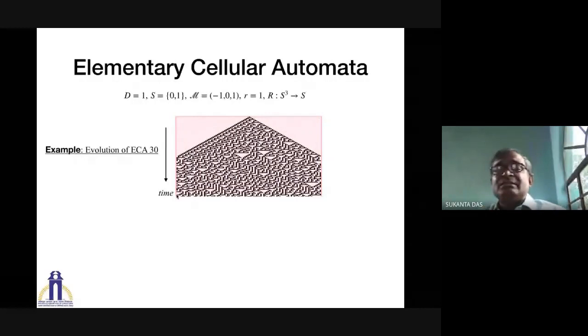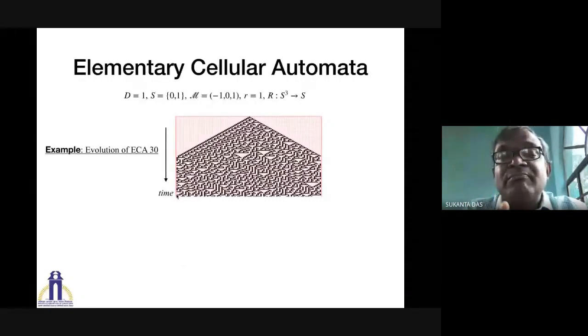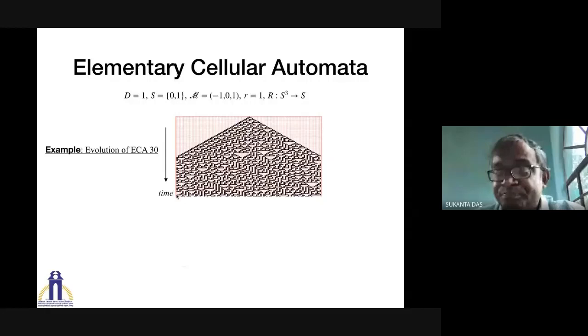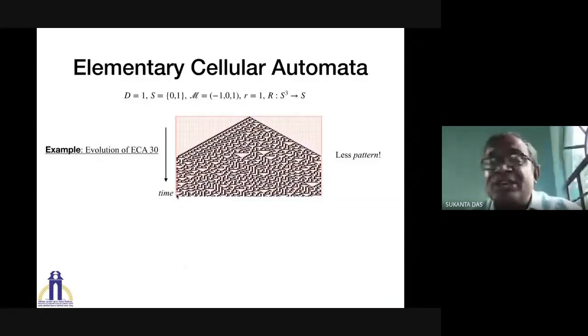In some sense, this pattern is more chaotic, more random, and it means it has fewer patterns. In the previous case, we had many patterns. Here, although you can find some patterns, fewer patterns are there. So a simple change makes so much difference.